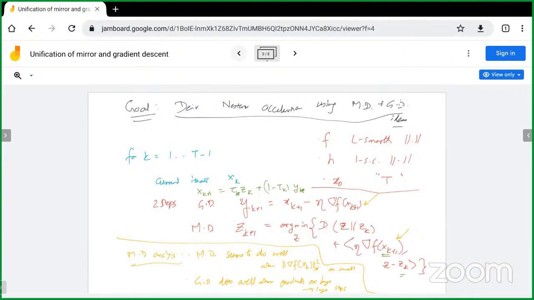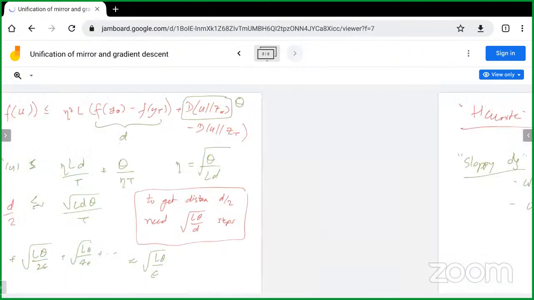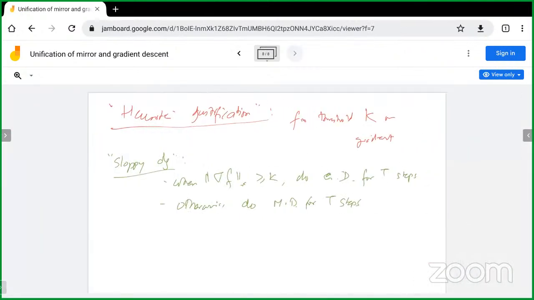Okay, anyways, I want to close off this part with a final note. I just want to make some comments about some other results.